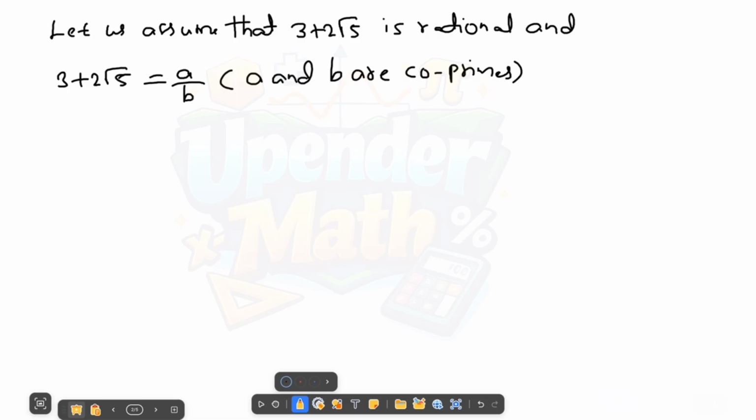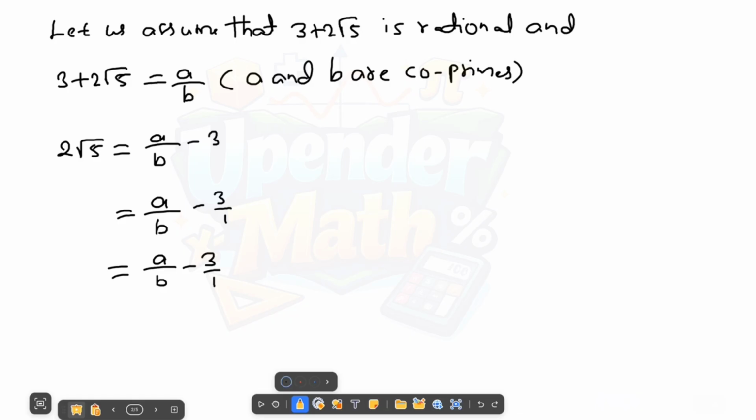So send 3 to the right side. Now 2 root 5 is equal to a by b minus 3. a by b minus 3 can be written as a by b minus 3 by 1. To make the denominators equal, multiply 3 by 1 with b by b.